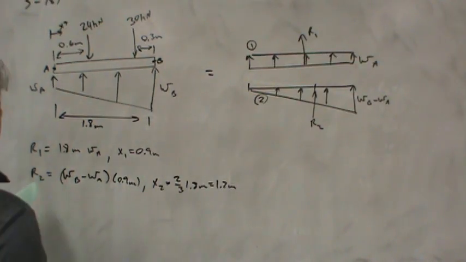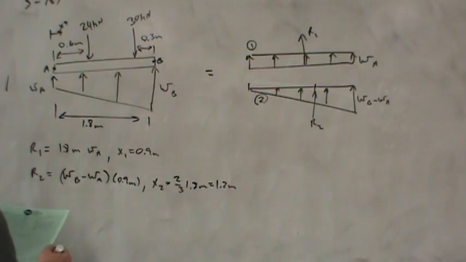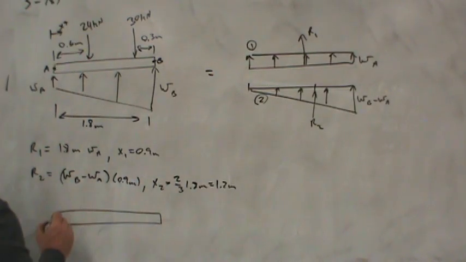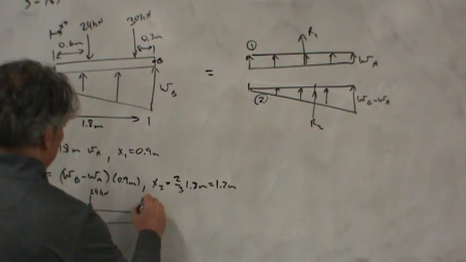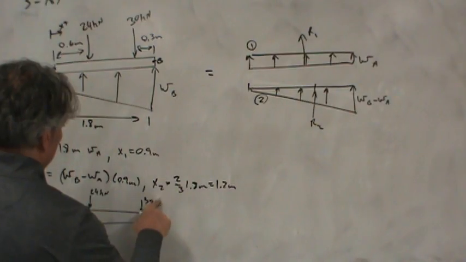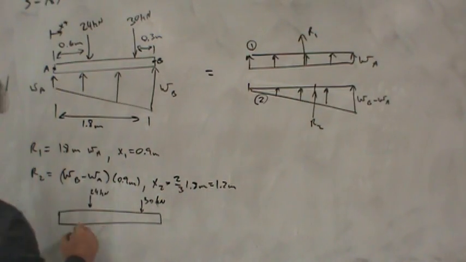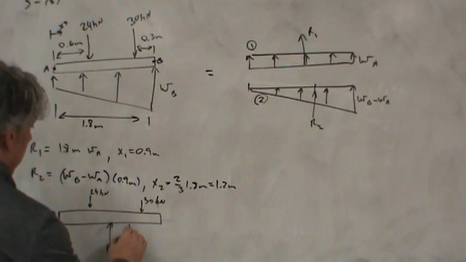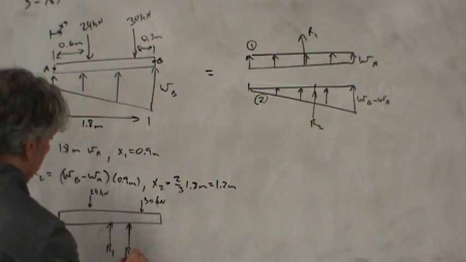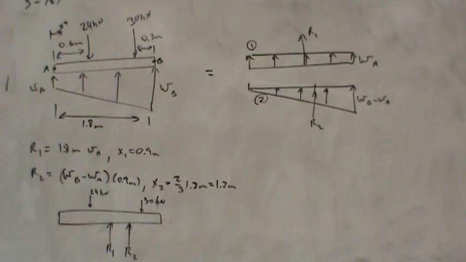So basically what I've got is a beam. Let me draw a free body diagram of the entire beam. We've got a 24 kilonewton load, a 30 kilonewton load, and then an R1 and R2 load of unknown magnitude, but in terms of WA and WB.